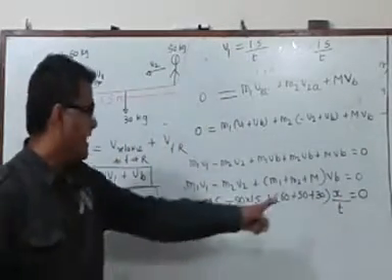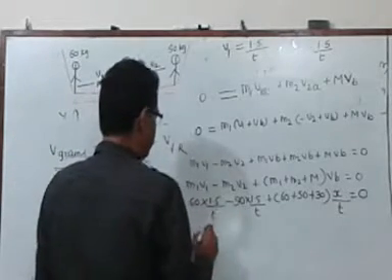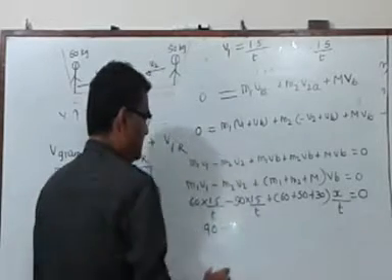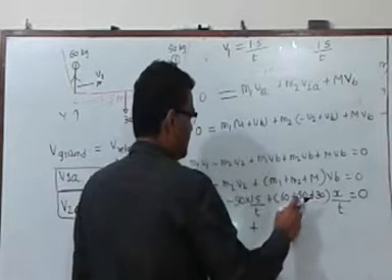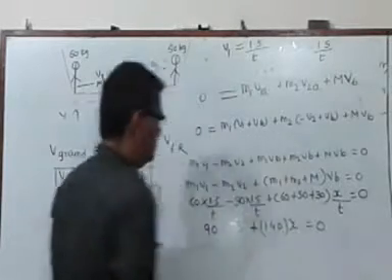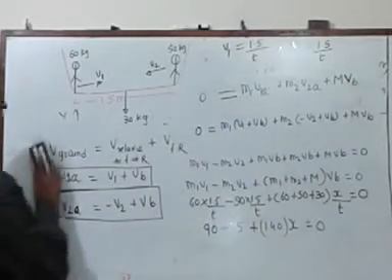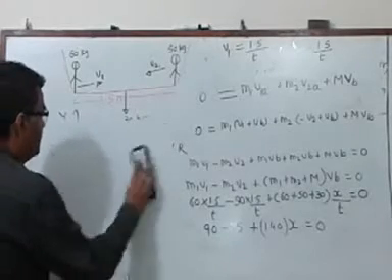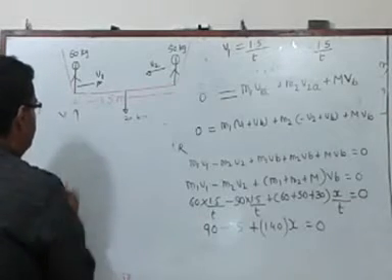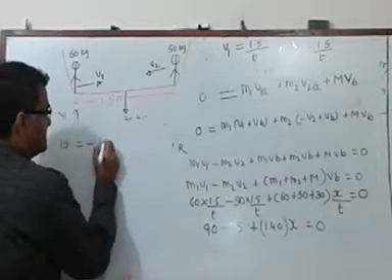As you can see, time will cancel and I will get 60 into 1.5, that is 90, minus 50 into 1.5, that is 75, plus 60 plus 50 plus 30 gives me 140, x is equal to 0. And now it is time to get our final answer. 90 minus 75 is 15, equal to minus 140x.